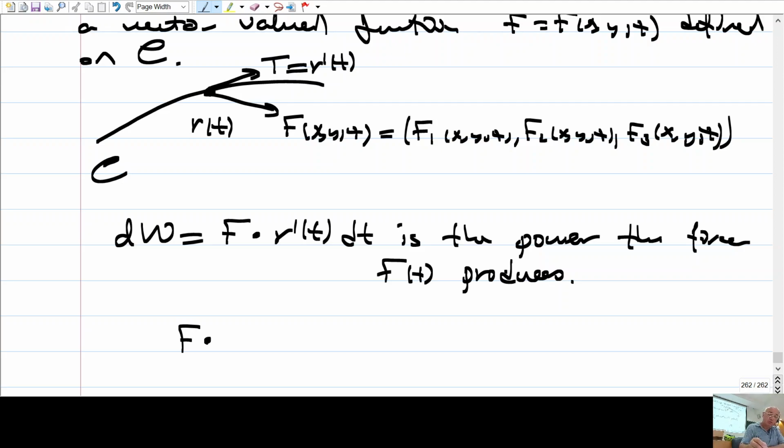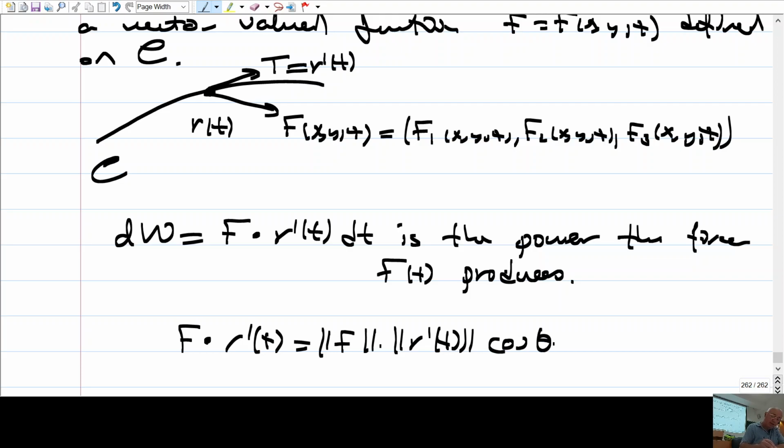You take the dot product, and what is this? This is just norm of F times norm of the vector times cosine of the angle between them, right? This angle. So this is just what you do. You take the component of the force.